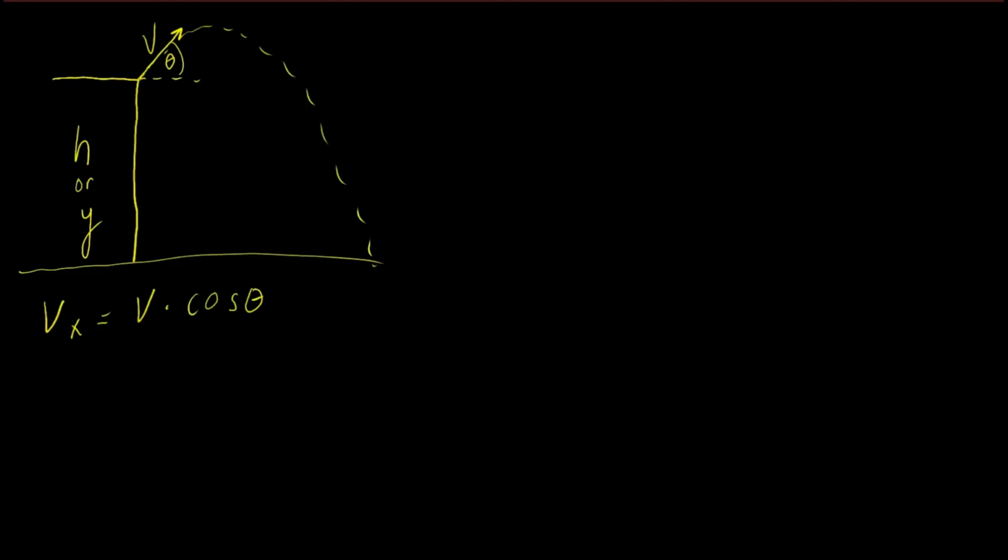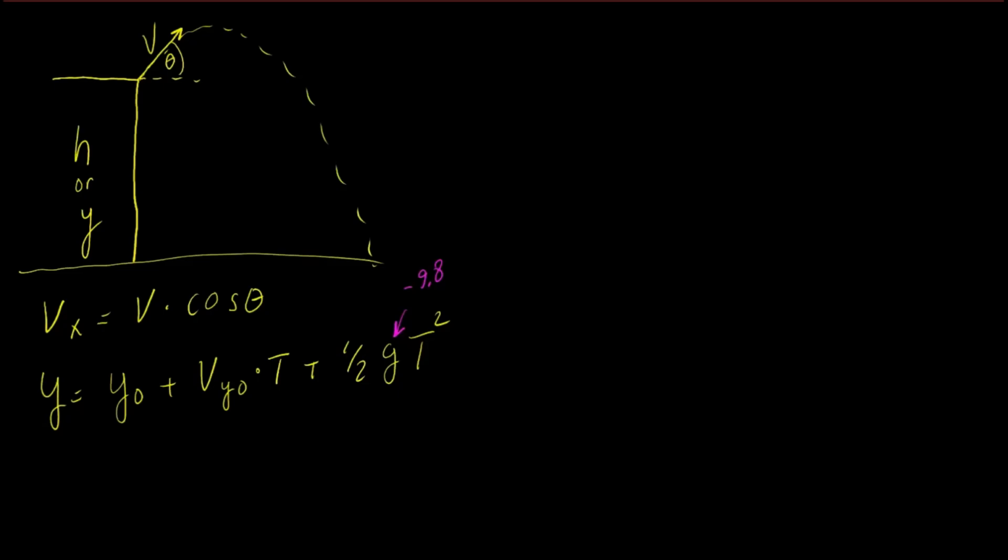But I need another way of finding time now. So let me show you how to find time. We're going to say that y is equal to y sub o plus velocity y initial times time plus 1/2 gt squared.